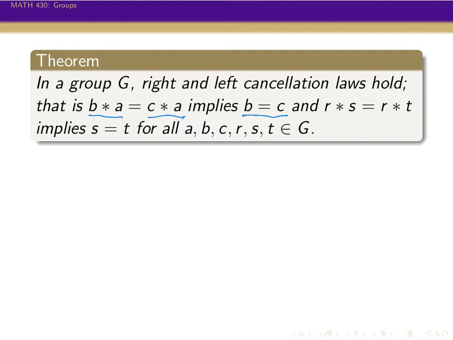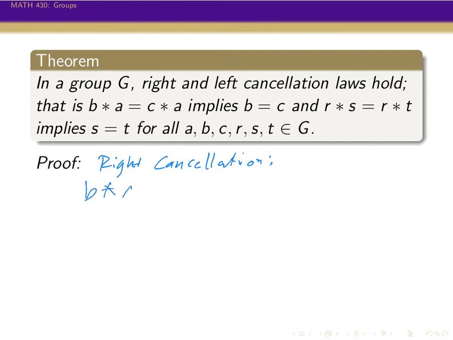So why is this true? Let's focus on right cancellation. The proof for left cancellation is essentially the same thing. So suppose we have B star A is equal to C star A. Well, we already know that G is a group, so in particular, A has an inverse element.